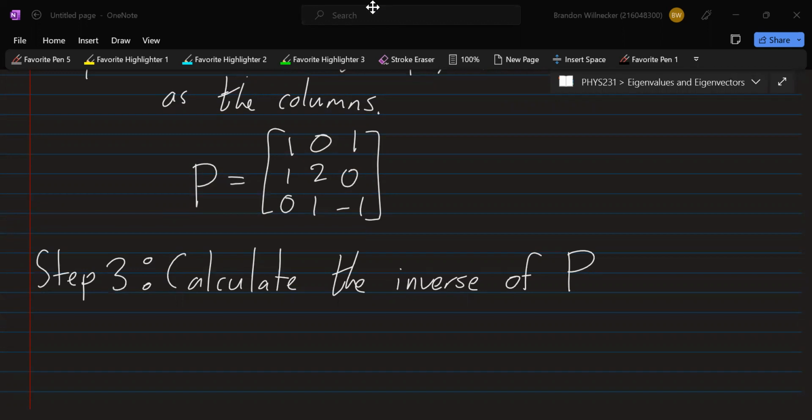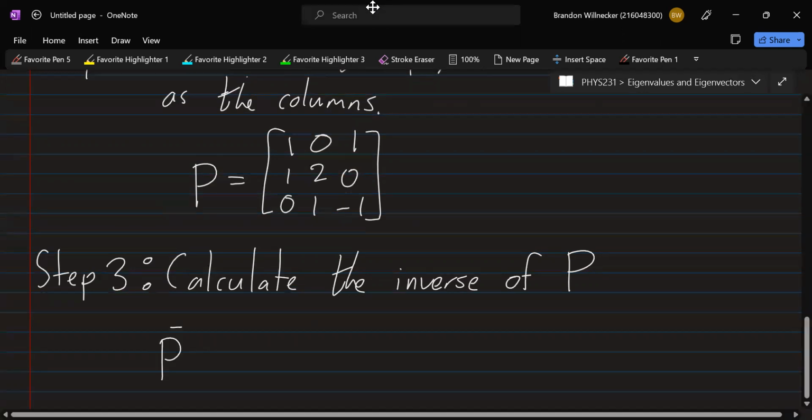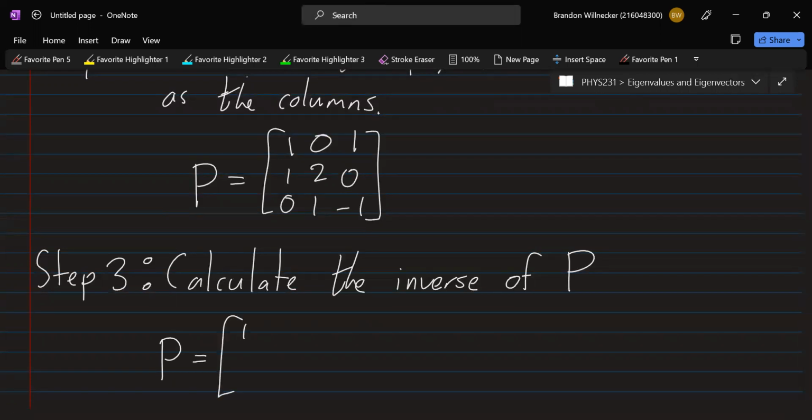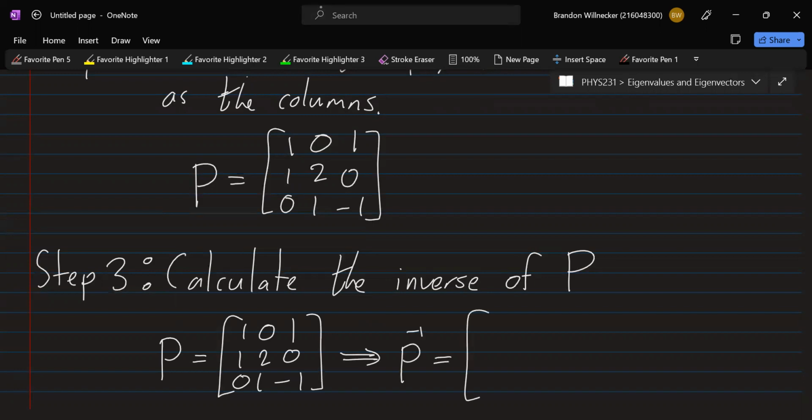Again, I'll leave that as a homework exercise. P is equal to [1, 0, 1; 1, 2, 0; 0, 1, -1]. This gives us P inverse.